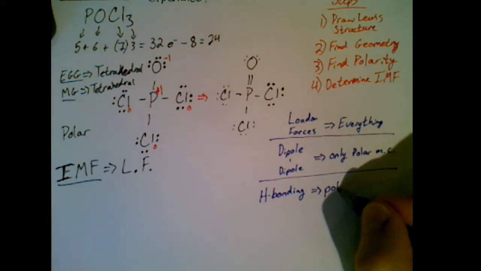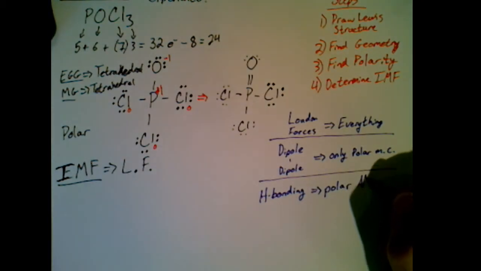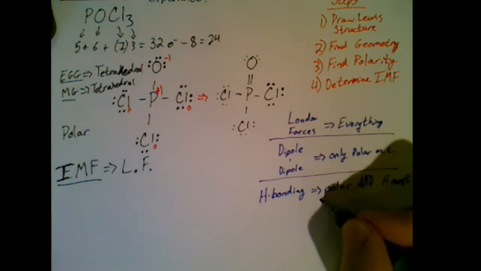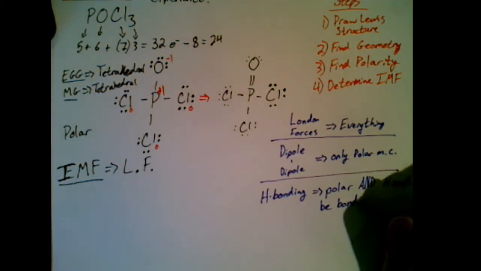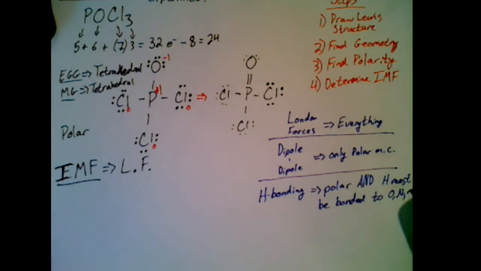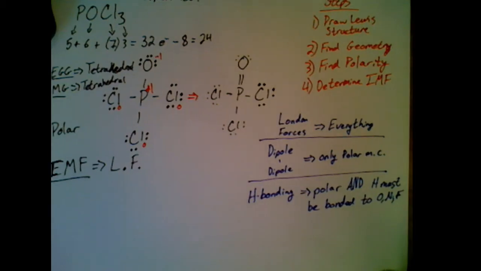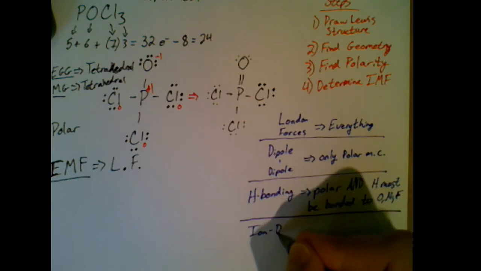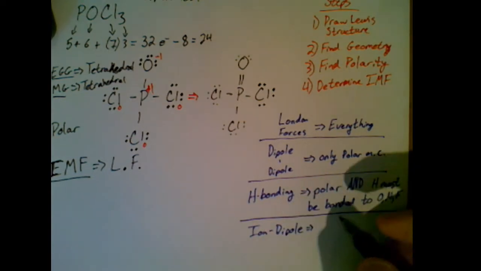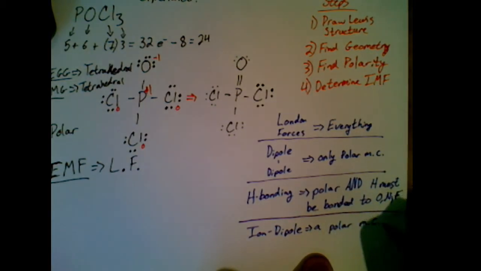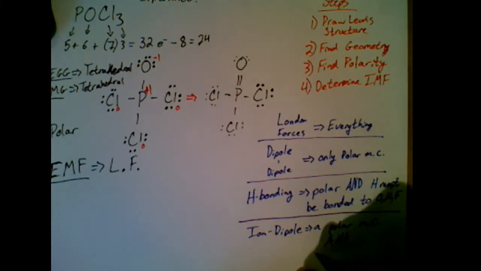It has to be polar, and H must be bonded directly to oxygen, nitrogen, or fluorine. The only other type here is ion-dipole, and the only way you have ion-dipole is if you have a polar molecule and an ionic compound.